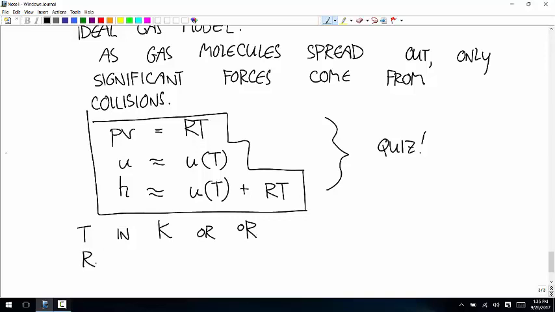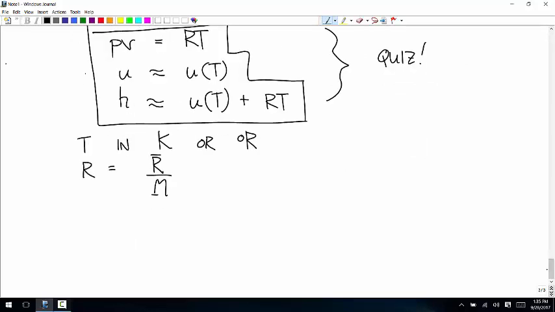And that capital R without the bar is equal to R bar divided by M, where R bar, the universal gas constant, is 8.14 kilojoules per kilomole times Kelvin.